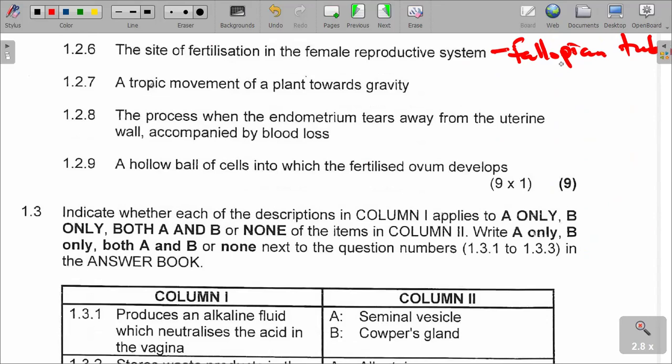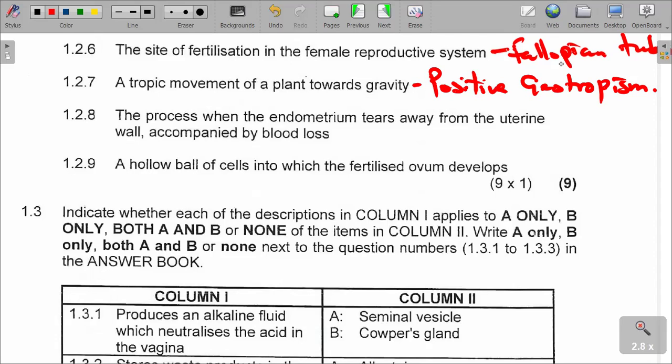And then a tropic movement of a plant towards gravity. When plants move towards gravity, we call that positive geotropism. Why do we say positive?